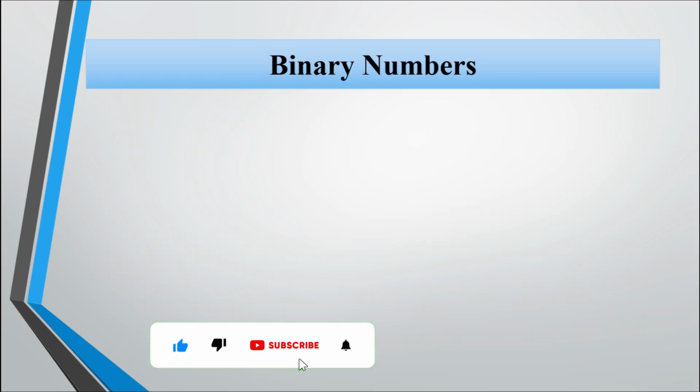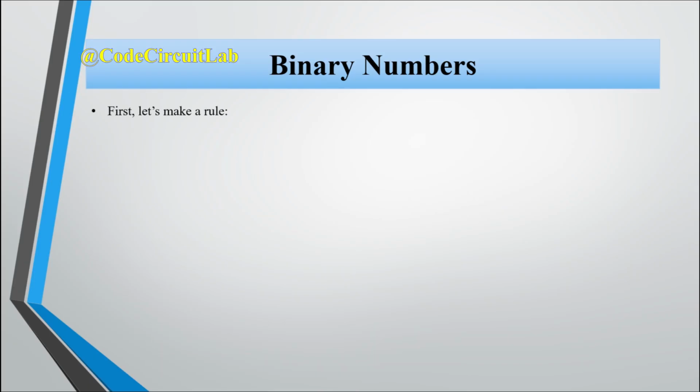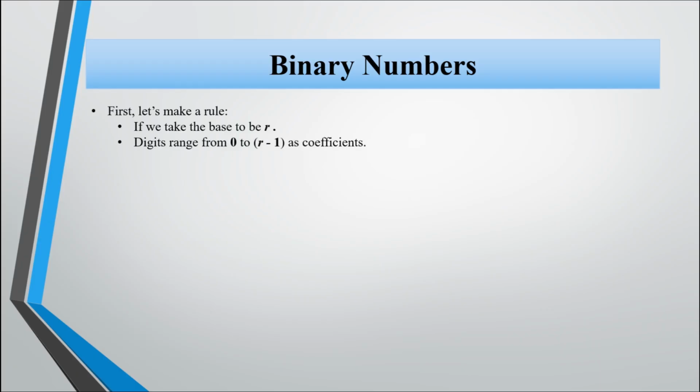Before we jump to binary numbers, there is a small formula that we need to talk about. First, let's make a rule. If we take the base to be r, digits range from 0 to r minus 1 as coefficients.